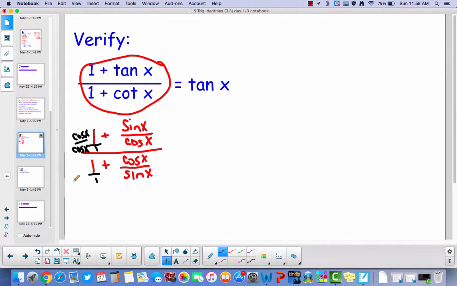Well, same thing here, except for what do I need the denominator to be? I need it to be sine of x, which means I have to multiply the top times sine of x. So simplifying, we get cosine of x times 1 over cosine of x times 1. So that 1 is the same thing as cosine of x over cosine of x plus sine x over cosine of x.